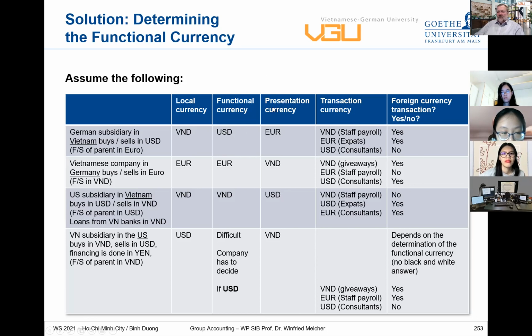Yes, and I don't want to go through all of these. You got that right, from what I saw. Well, the problem was here, okay? So that was clearly not a clear picture. A Vietnamese subsidiary in the US buys in Vietnam from their home country, and then they sell in the US to make good profits.